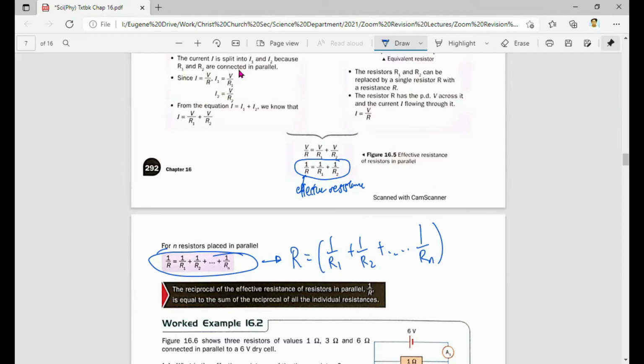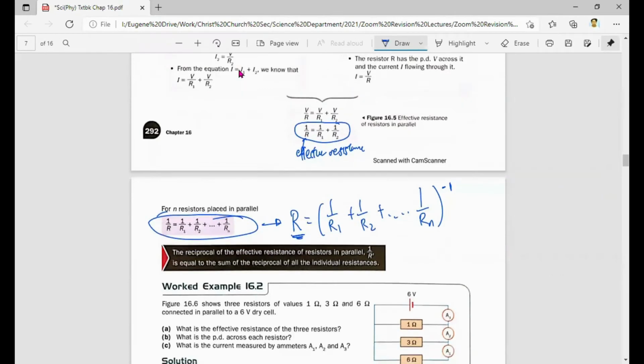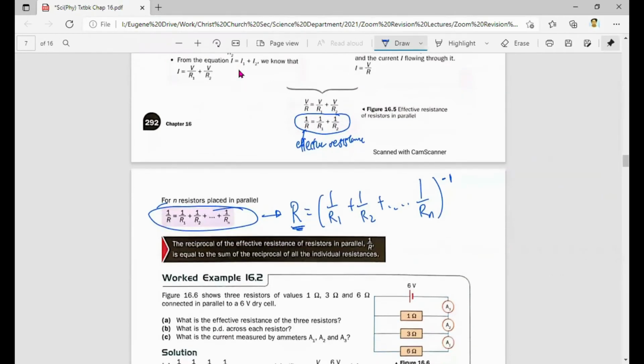In your calculator, when you want to calculate the effective resistance, you have the bracket there with a power of -1. This means it flips the whole thing around, to find the reciprocal. So this is the formula you're going to use to find the effective resistance of resistors connected in a parallel circuit.